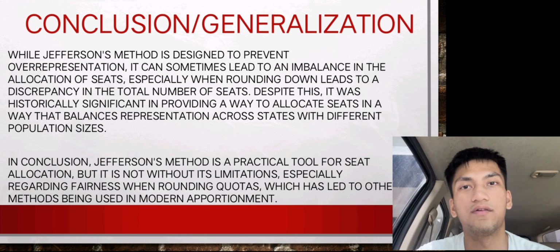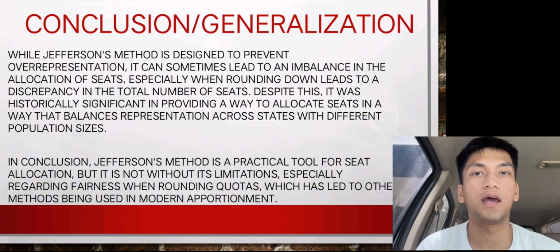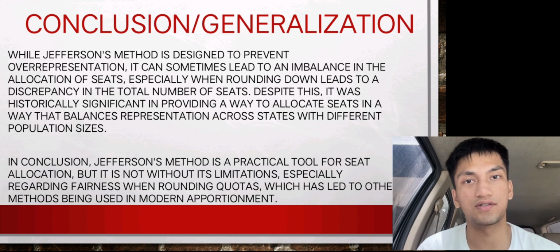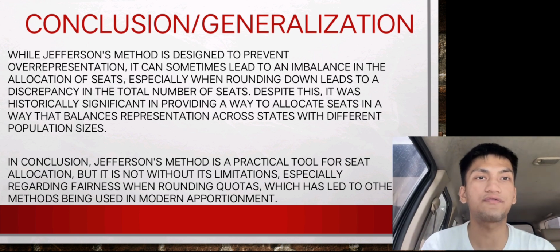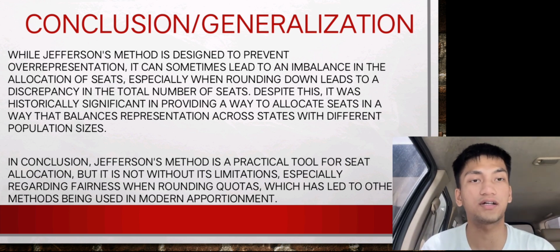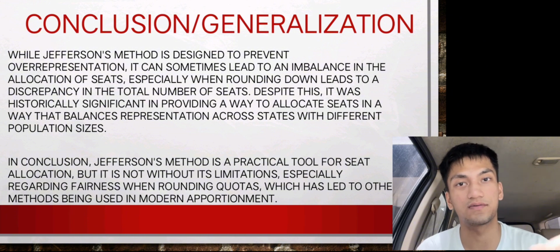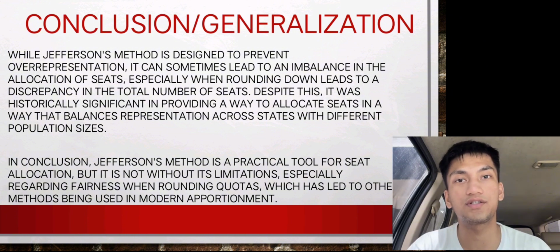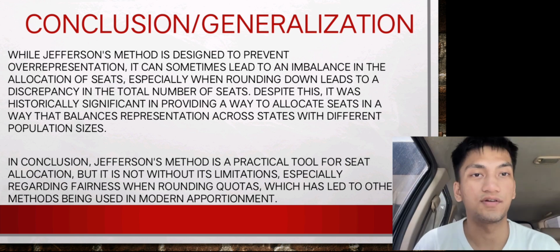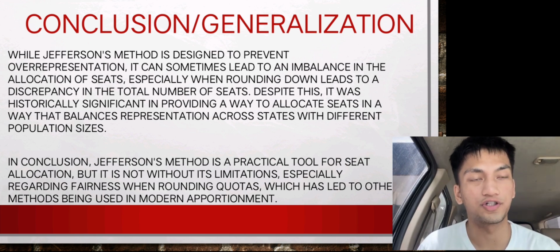But despite all of this, Jefferson's method has been historically significant in providing a way to allocate seats that balances representation across states with different population sizes. In conclusion, Jefferson's method is a very practical tool, but it is not without its limitations, especially regarding fairness when rounding quotas. This has led to other methods being used for accurate apportionment.